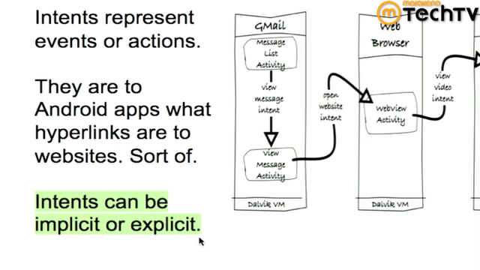Now, when I said open up a web page, right? This is more of an implicit intent. We're basically saying, here's an action that requires viewing a web page. Anybody who's capable of doing that is fair game, right? So basically, multiple apps get to vote and say, I can do that, right?